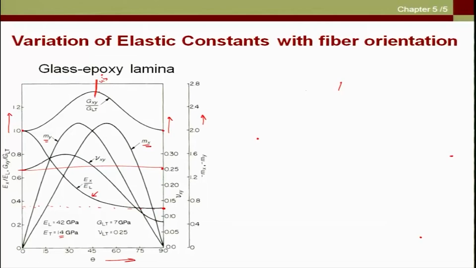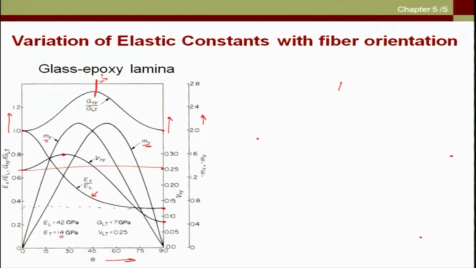In case of glass epoxy, it actually increases as theta increases. This is the peak value. It becomes maximum at around 30 degrees, and then it starts falling, and it keeps on falling till its value becomes somewhere between 0.05 and 0.1.